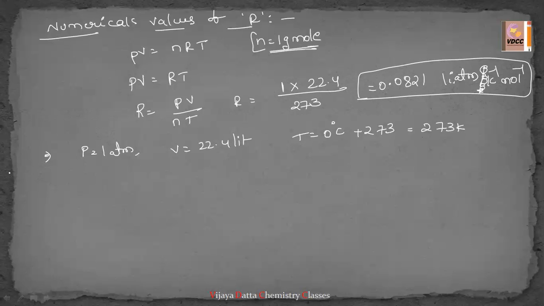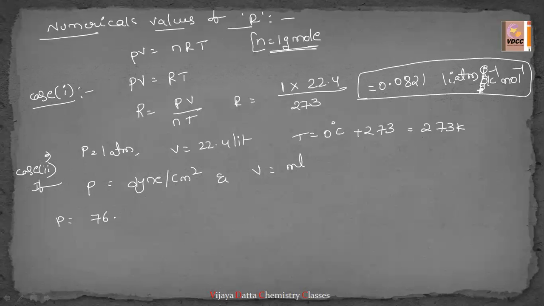This is case 1; what is the second case? If you take pressure in dyne per centimeter square and volume in milliliters, then pressure equals 76 cm of Hg, that is, 76 into 13.6 into 981 dyne per centimeter square. So we converted the mm of Hg completely into dyne per centimeter square.